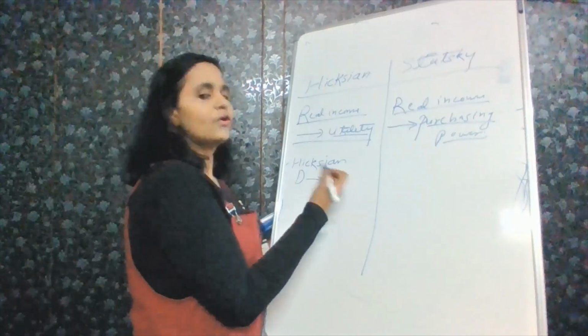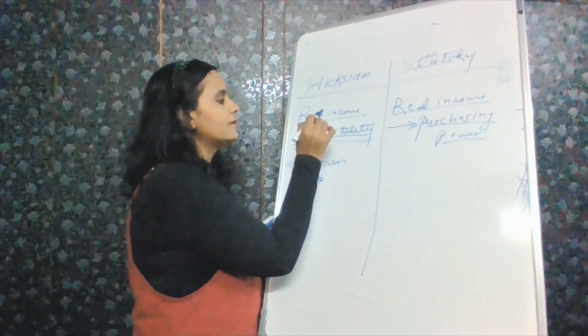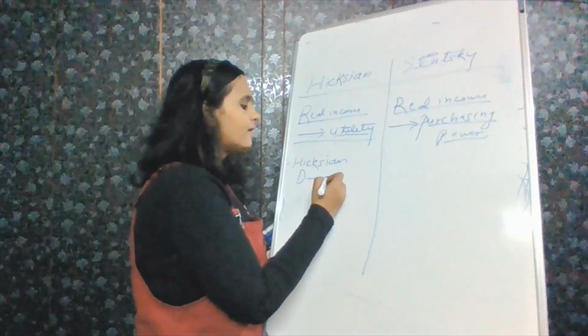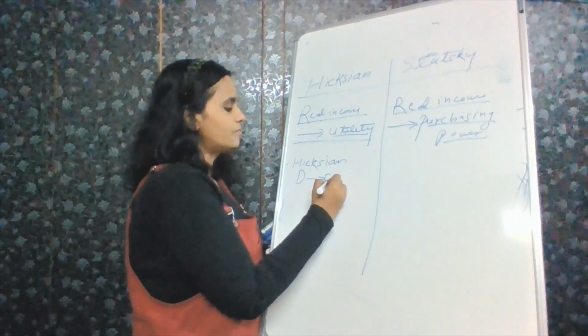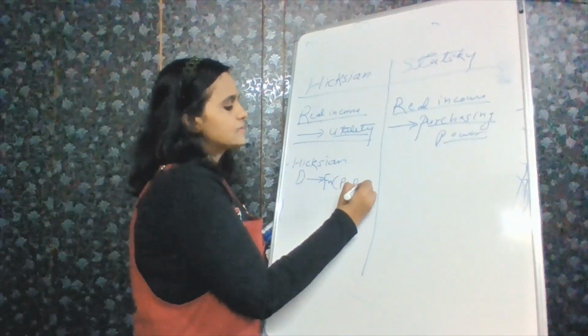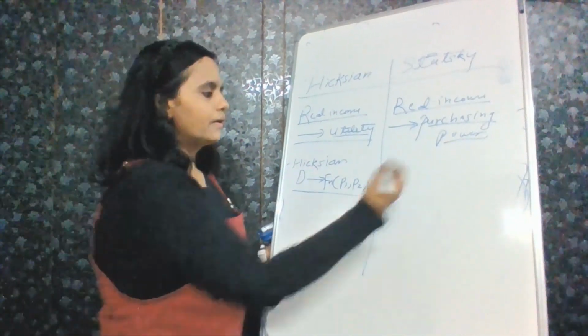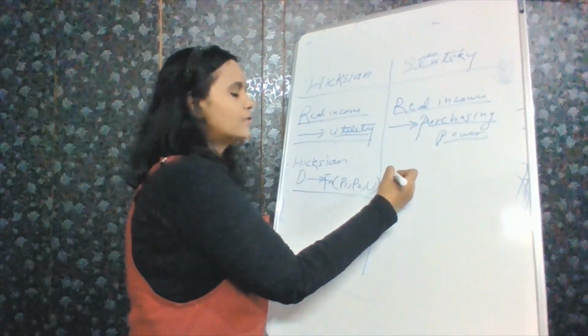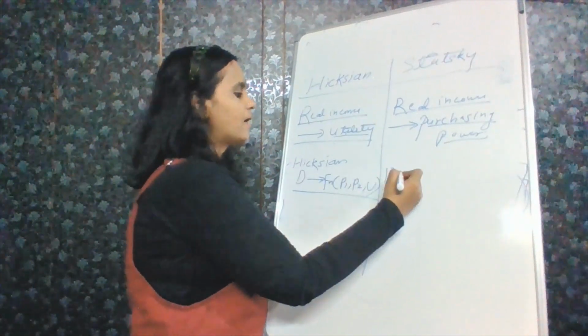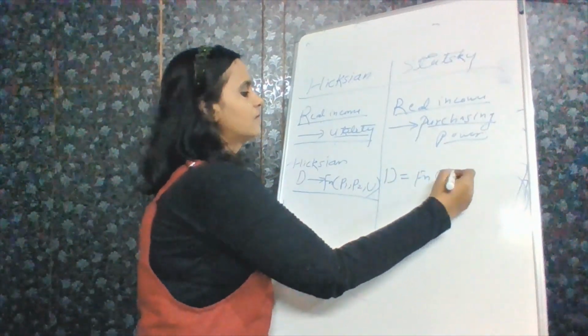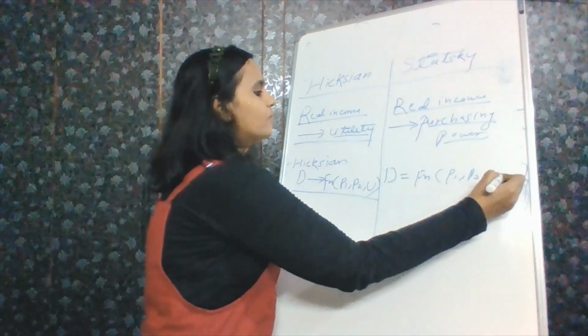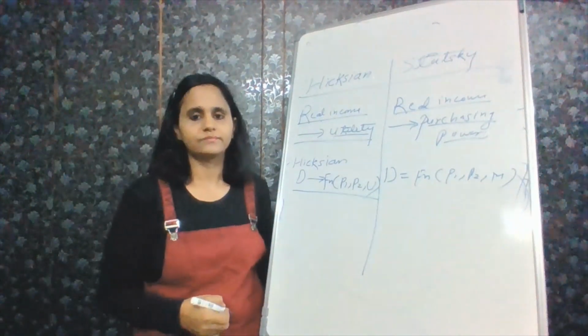But for the Hicksian approach, because your real income depends on your utility, it will always be a function of price and utility. For Slutsky it is different: your demand will be a function of price and your purchasing power.